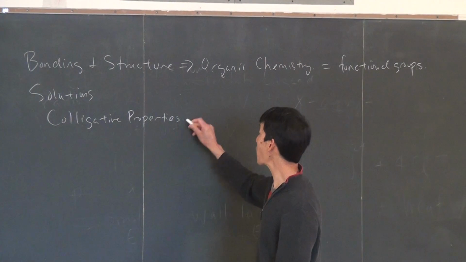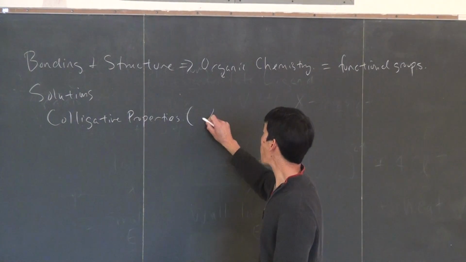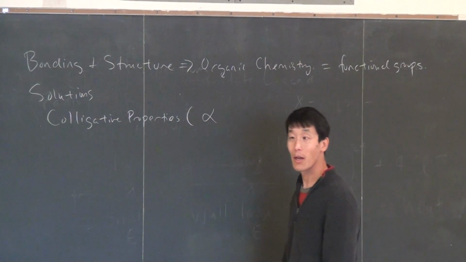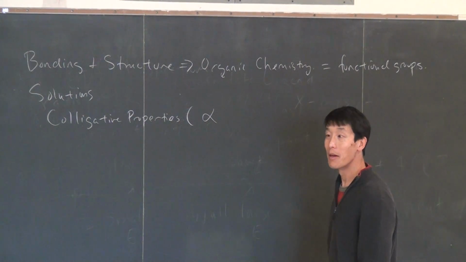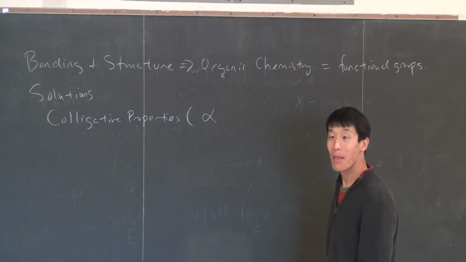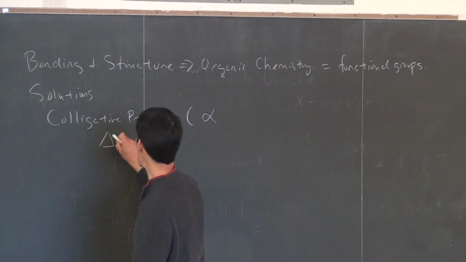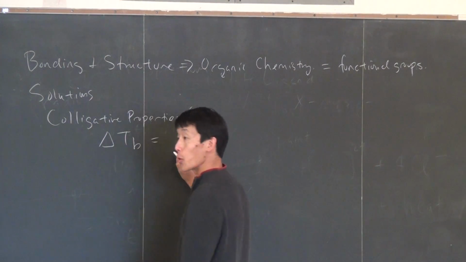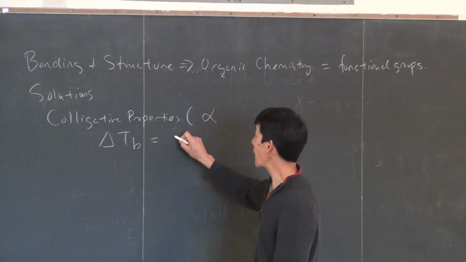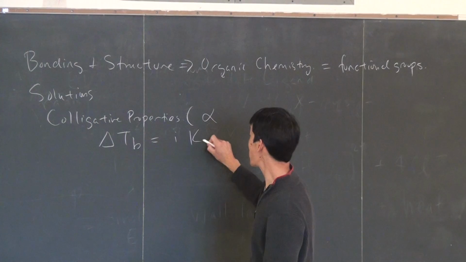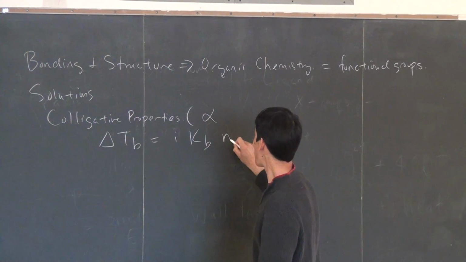When we look at colligative properties, that property is proportional to the... yes, remember from the formula, for example, with boiling point elevation, we have delta T_B equal to i times K_B times m.